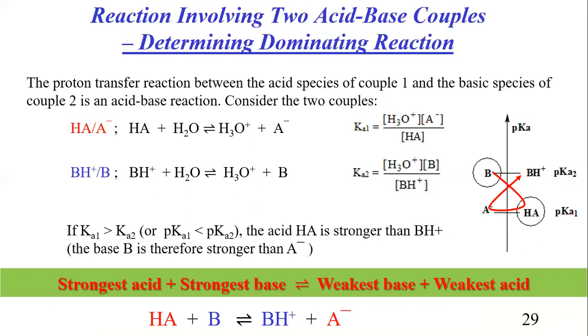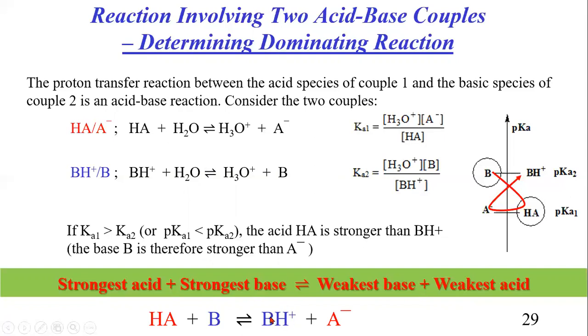And so my overall reaction is easily determined once I put everything on a pKa scale, or once I put the strongest acid on the left-hand side at the start. So HA is my strongest acid, and that should be here, reacting with the strongest base, which is the conjugate of the weaker acid.